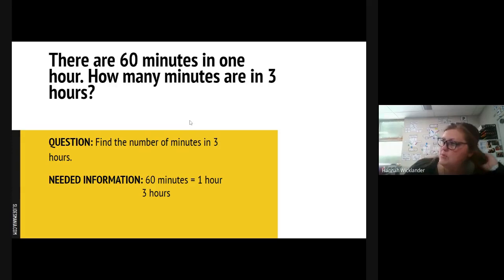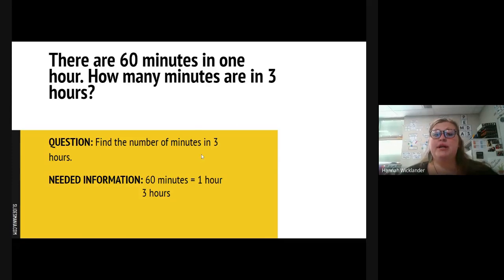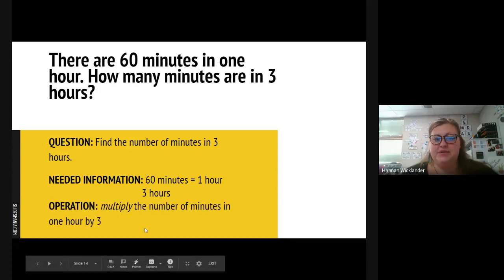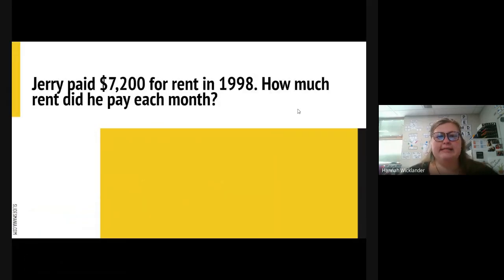So what operation am I going to use to solve this story problem? Balti, good job with addition. You could add 60 three times, but what we're going to do is multiply. We're going to multiply 3 by 60 to find the answer. So multiplication. Good job.